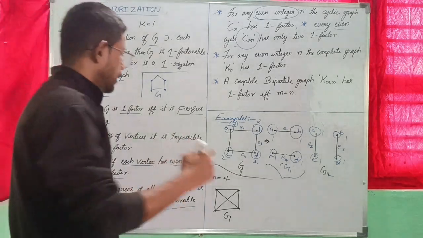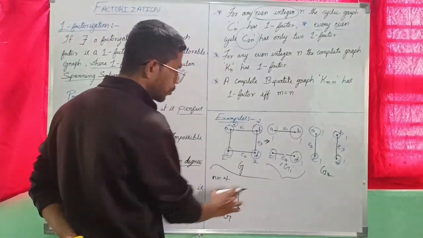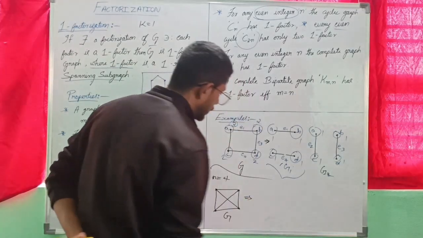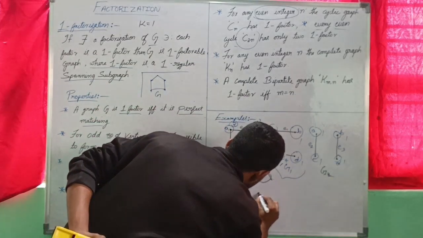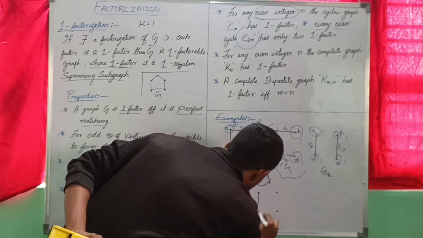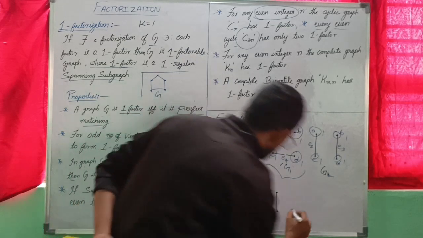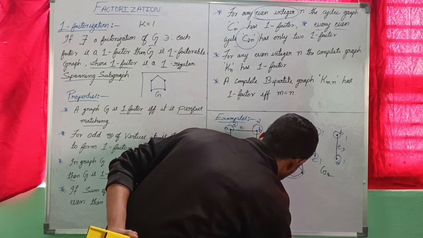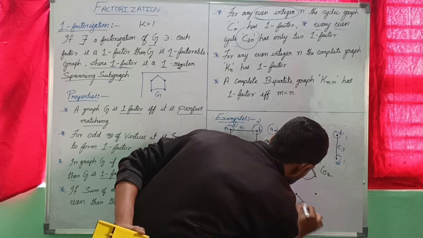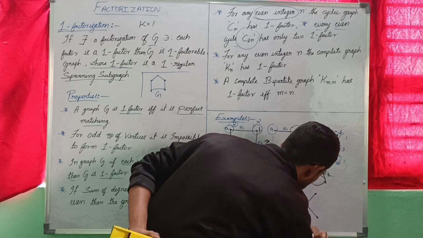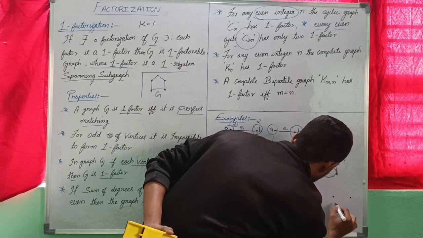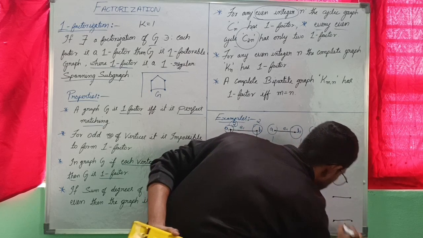Then let us decompose this. Let us break down this graph G into multiple factors. What will we get for the one factorization? We get this, take it as F1, this F2, and this is F3.